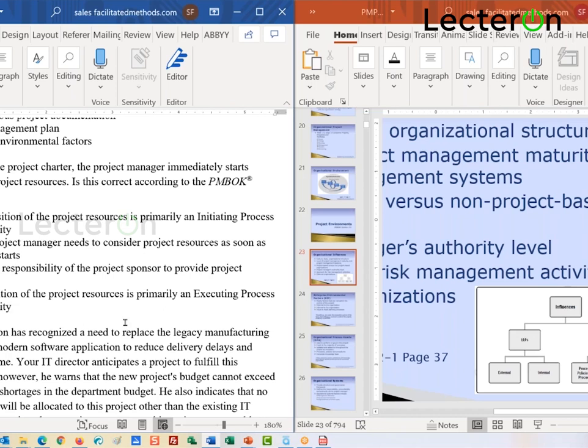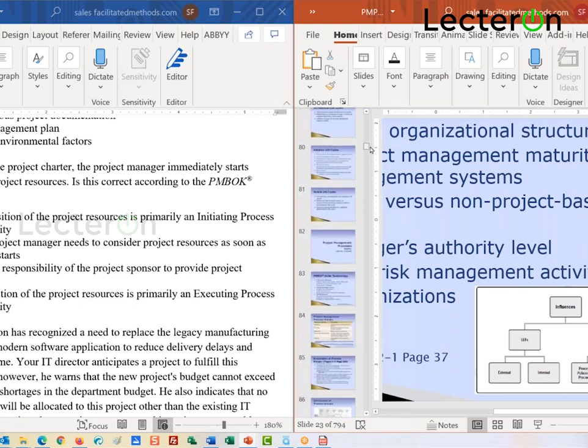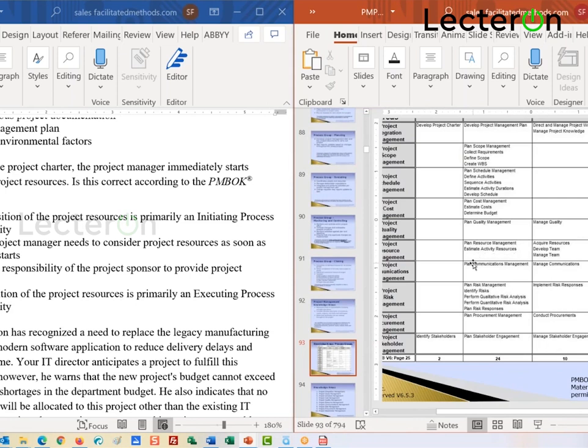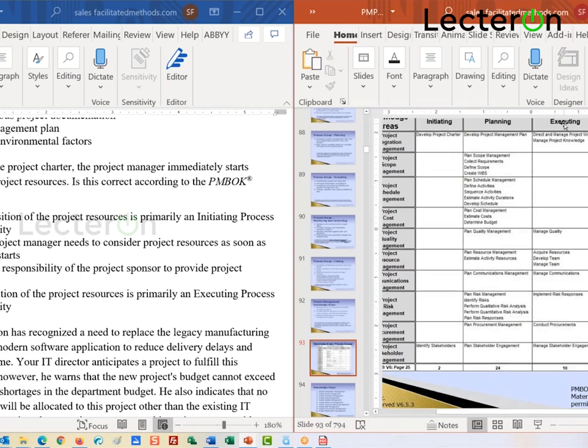Now, I'll have to admit, we haven't really talked about this, but if you were to go back and look at page 25, which I'll see if I can find without killing your eyes as I'm flying through this, we have a process here called acquire resources. It is part of executing.